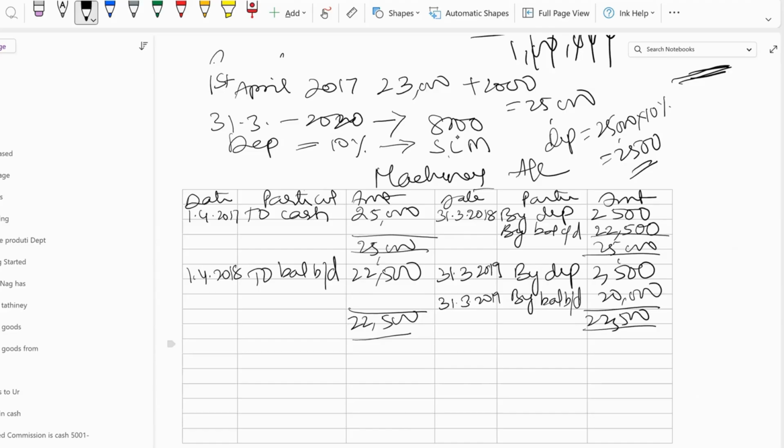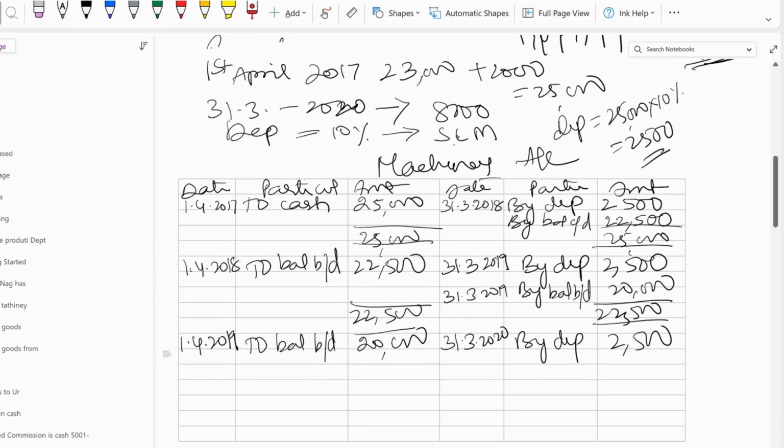Okay. Now on 1/4/2019 to balance brought down, how much? 20,000. Now we used it for whole year. So till 31/3/2020 by depreciation is 2,500. Okay. But on 31/3/2020, after using it for 1 year, what we have done, we have sold it.